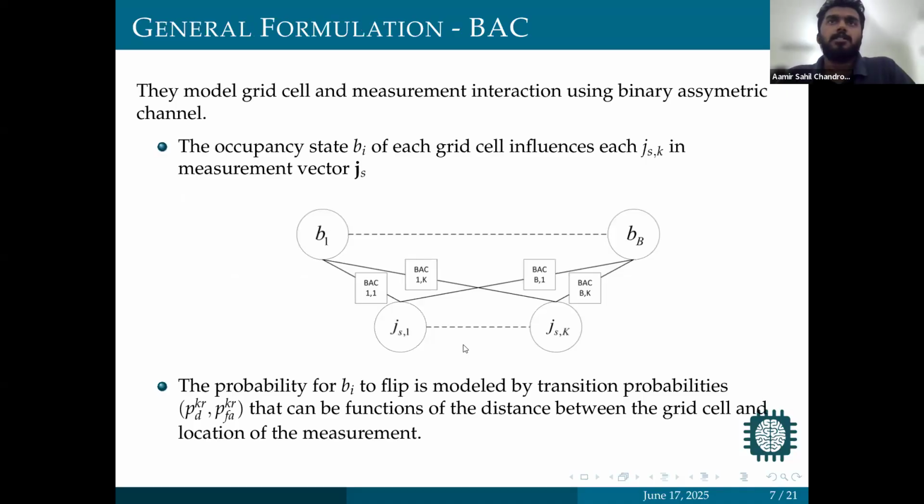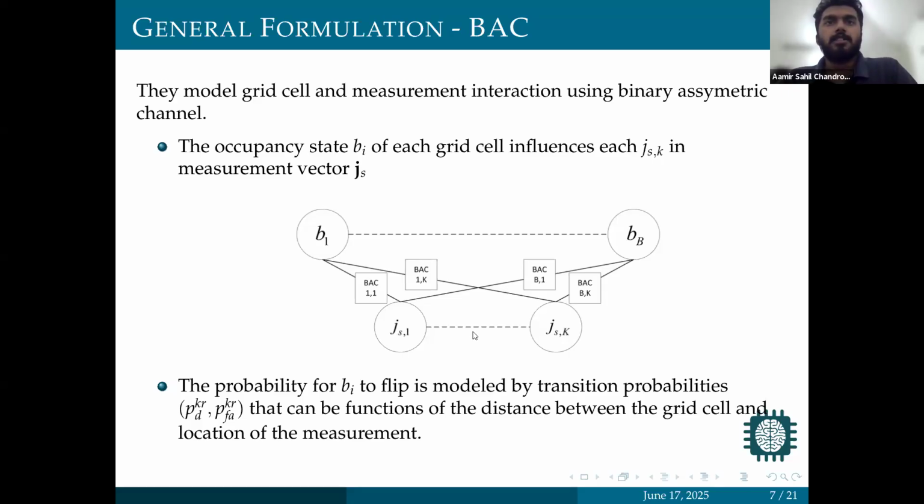Before going to that derivation, there is one more thing they used, and that is the binary asymmetric channel. Essentially, it captures how each grid cell bi influences the measurement at a particular location.